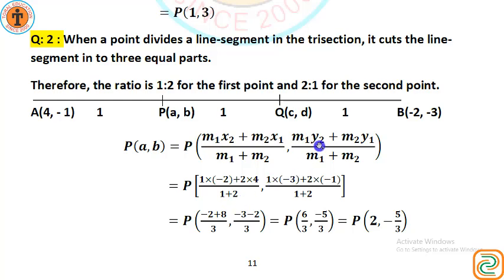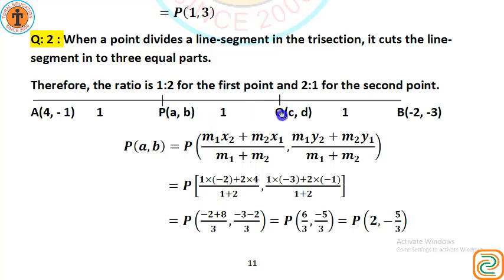Similarly here m1 y2, m1 that means 1, y2 that is -3, and m2 y1, m2 that is 2 into y1 which is -1. Here 1 times -2 is -2, 2 fours are 8, 1 times -3 is -3, and 2 times -1 is -2. So 8 minus 2 is 6 upon 3, and -5 upon 3. 6 upon 3 is 2, and -5 by 3. These are the coordinates of P.